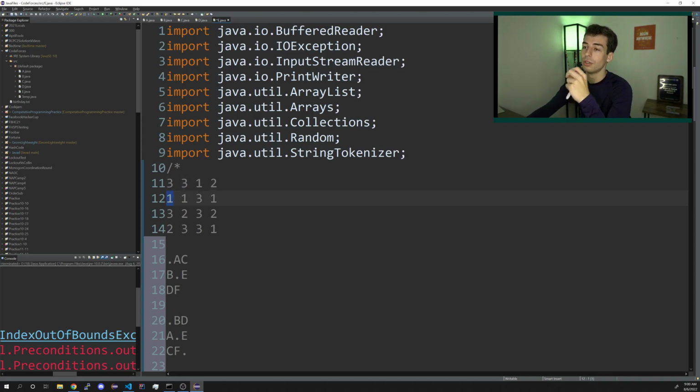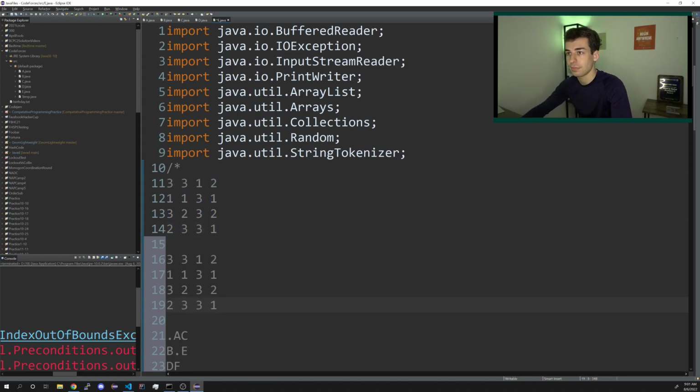So if these two aren't equal, I guess let's just choose this top one. So then we'll get 1, 3, 2, and 3, 1, 2.